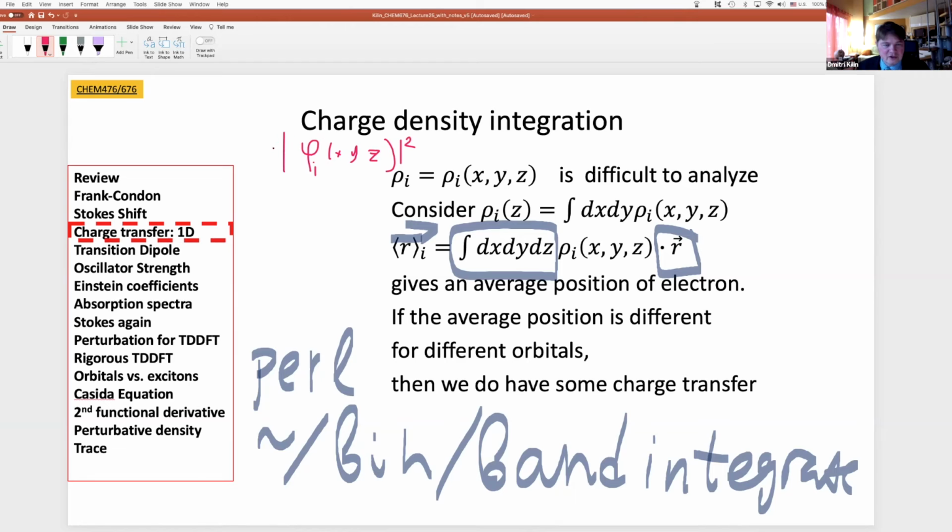And this absolute value squared of orbital number i is density as a function of i, and we call it the partial charge file, PARCHG, with the number of the orbital, something like 100, period. Do you recognize this notation?